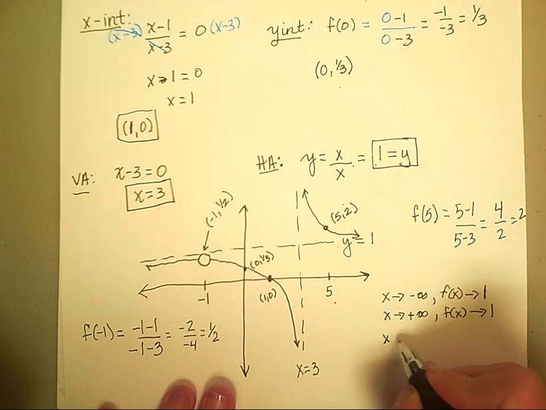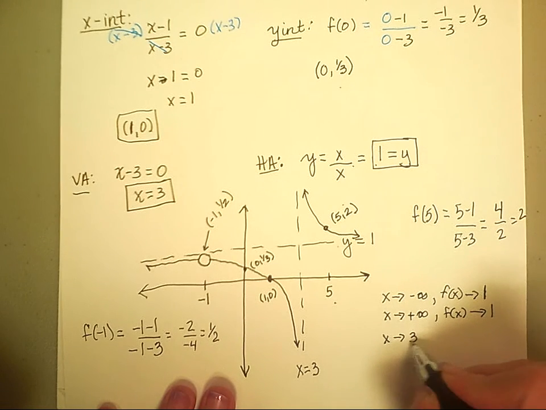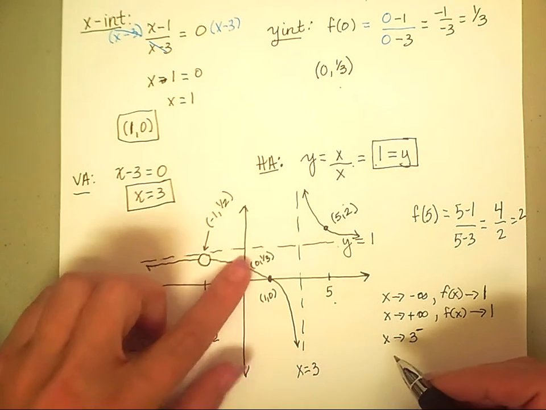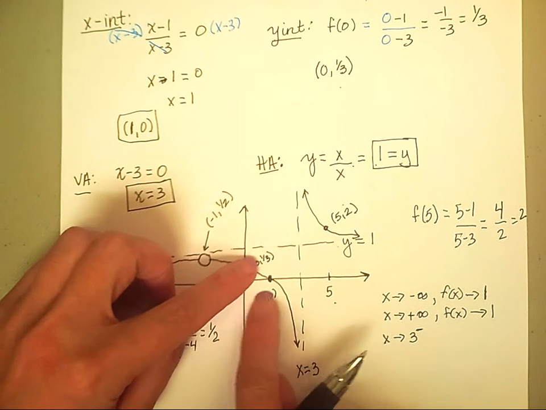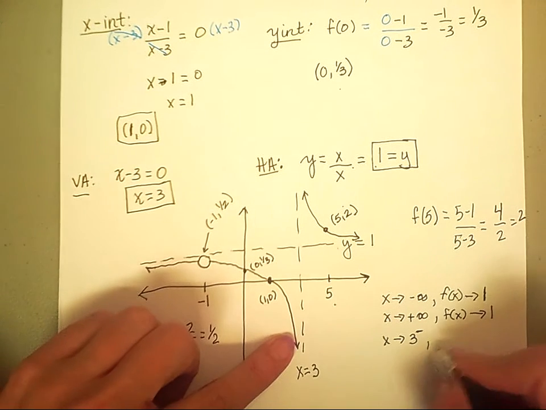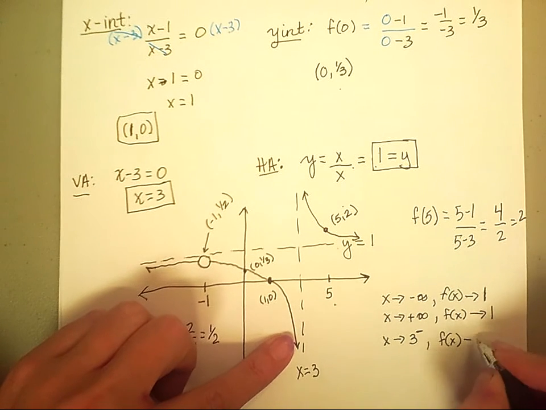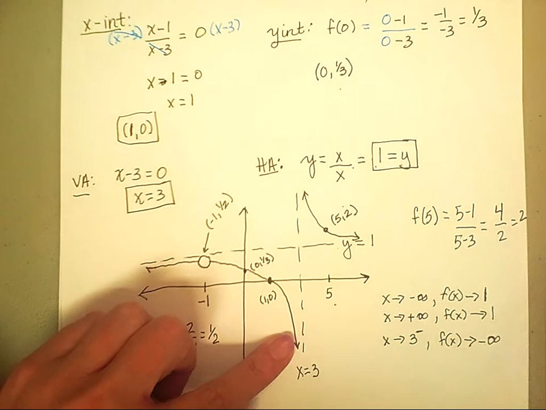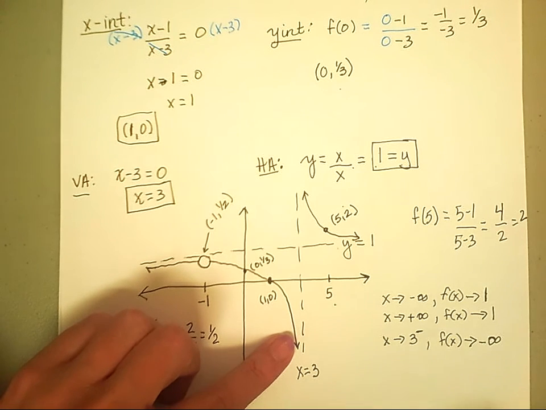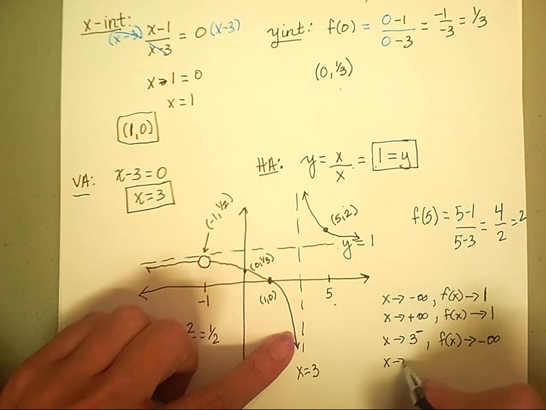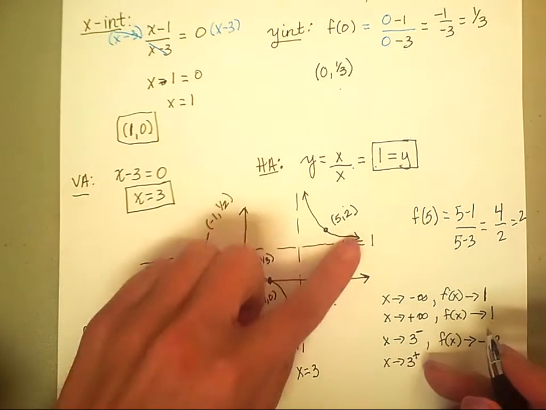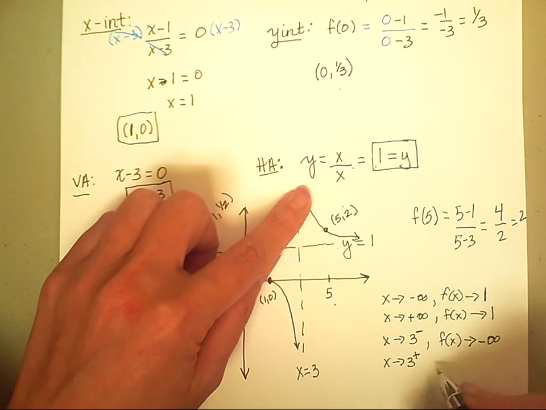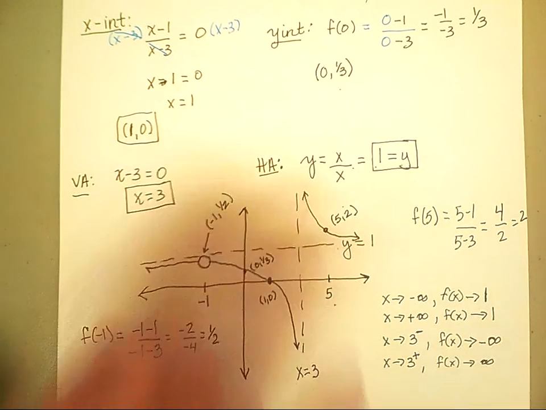We could ask what's happening at the asymptotes as x goes to 3 from the left-hand side. Okay, so to the left of 3, as I go towards 3, the function dives, goes to negative infinity. On the other hand, though, as the x is going to positive 3, the function is taking off to positive infinity.